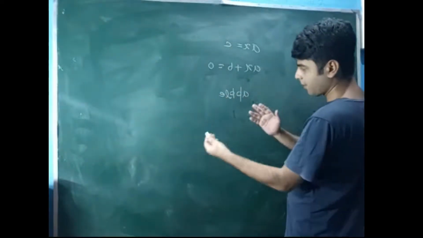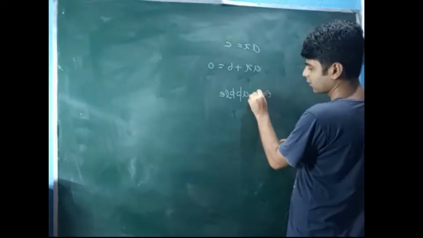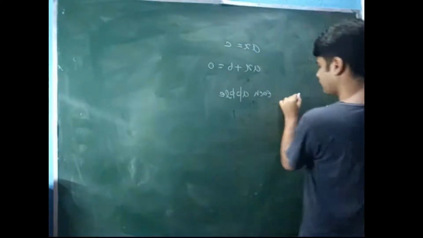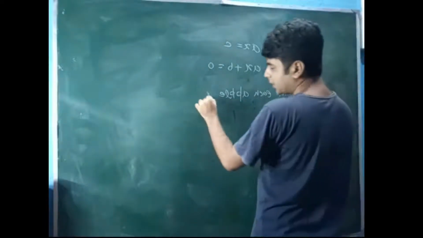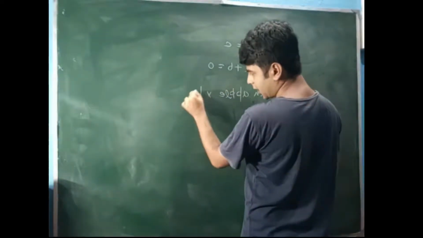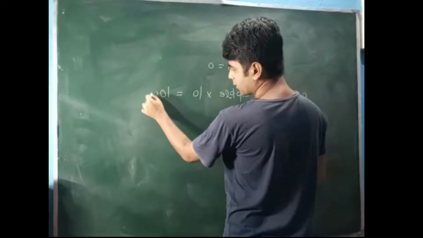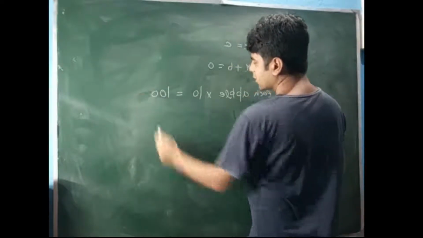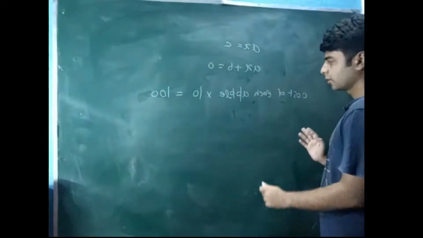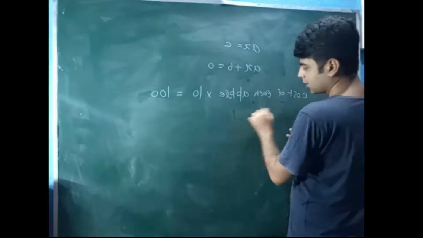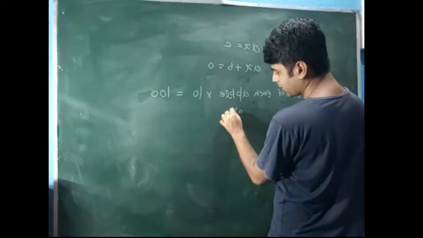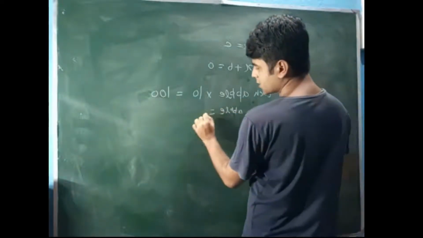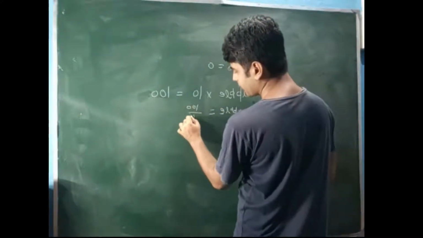Now, if I have to write down the cost of each apple multiplied with 10 equals 100. So we know the cost of each apple is 100 divided by 10.